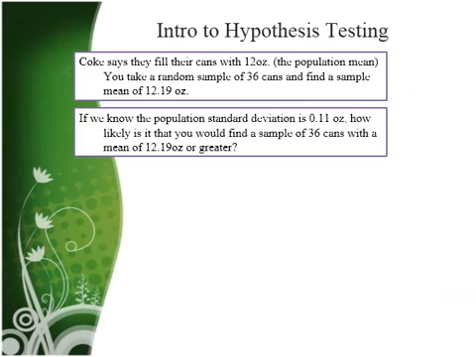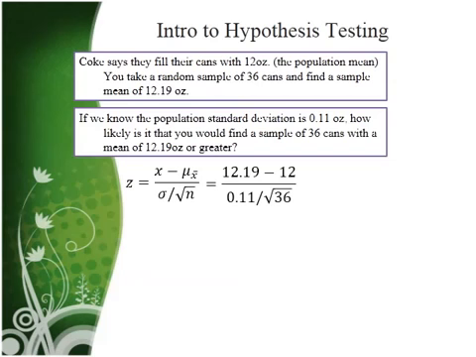So we're going to use our sample z-score calculation that we found. That is, we're going to divide the standard deviation by the square root of our sample size, which in this case is 36. But otherwise, we're going to plug in 12.19 for our x, that we're trying to find the z-score for. Our mean is going to be 12.